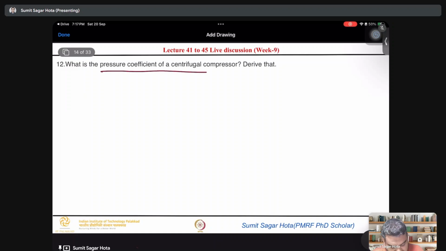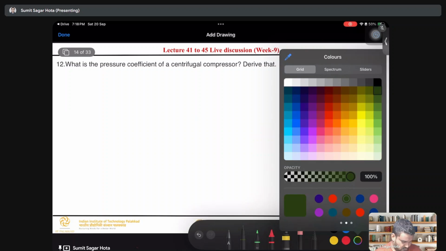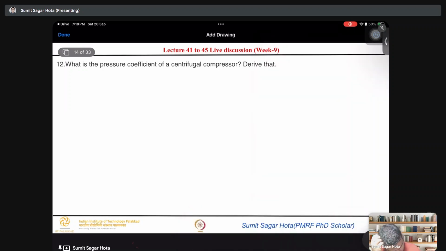The pressure coefficient of the centrifugal compressor is represented by psi p.